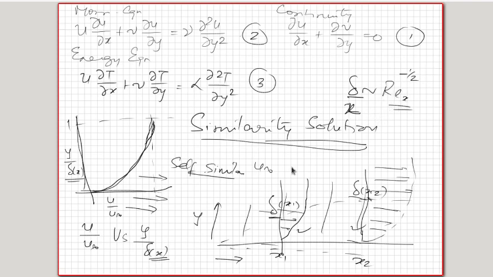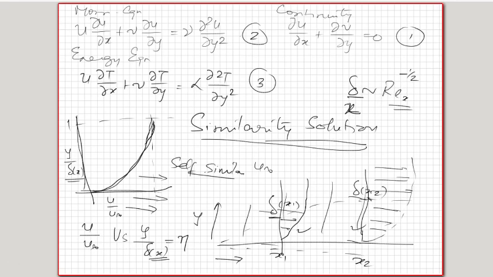Okay, so at all the x, it will just scale with x. So if I am able to create a non-dimensional variable called eta, which is y by delta of x, and if I write delta as x times Re_x to the power of minus half, then I'll be able to define this similarity variable.